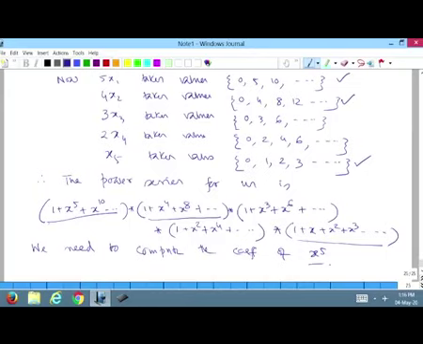Since x to the power 5 is important, we need not think of anything more than 5 in any of this power series.